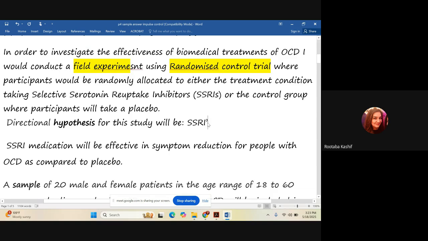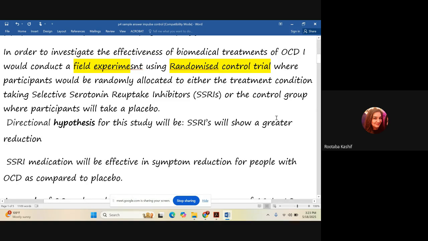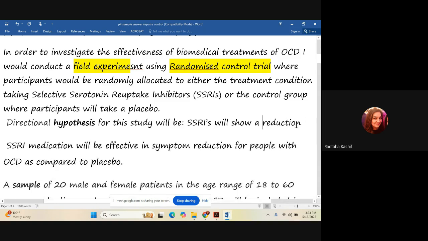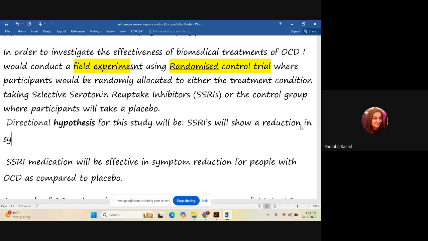So let's say we say SSRI will show a greater reduction, or rather we'll say will show a reduction in symptoms of OCD in patients as compared to the placebo.